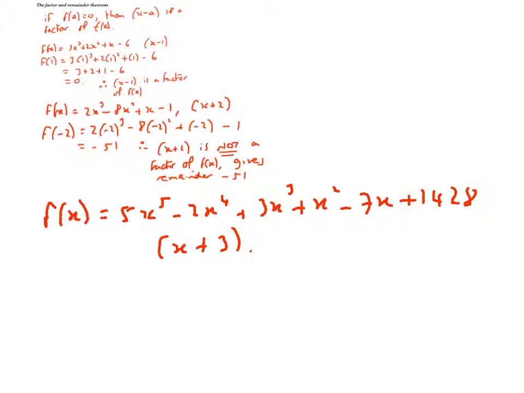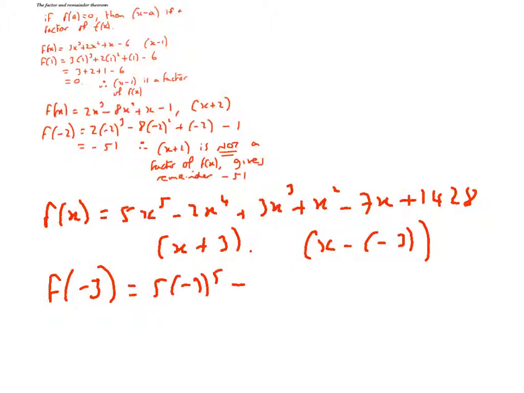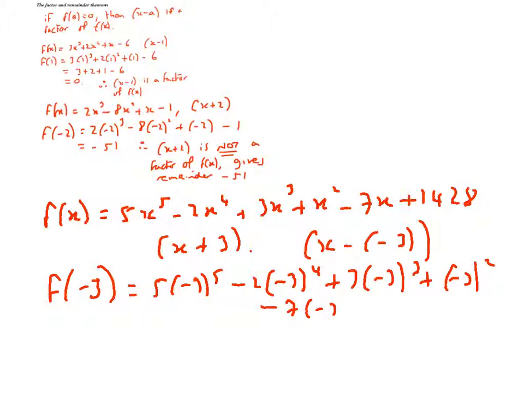Again, my factor theorem says x minus a. Here I've got x plus 3, so my a must be minus 3 for that to work, because x minus minus 3 would give me my x plus 3. So f of minus 3 equals 5 times minus 3 to the 5 minus 2 times minus 3 to the 4 plus 3 times minus 3 cubed plus minus 3 squared minus 7 times minus 3.